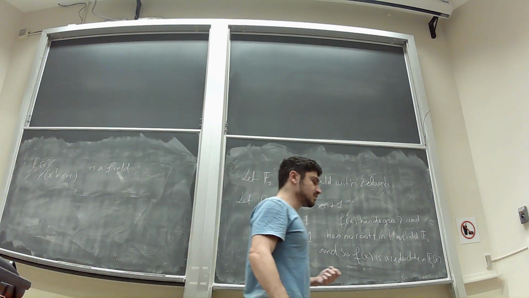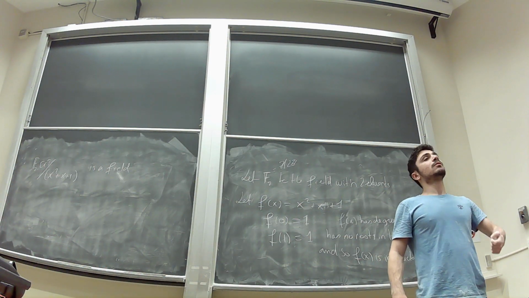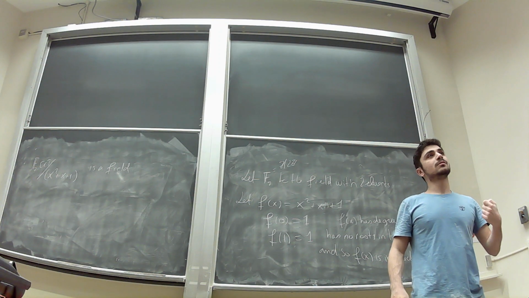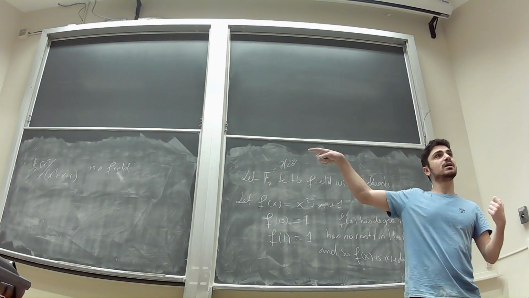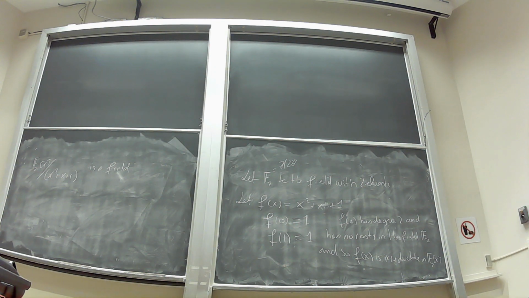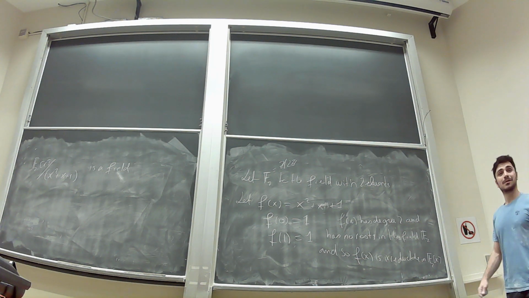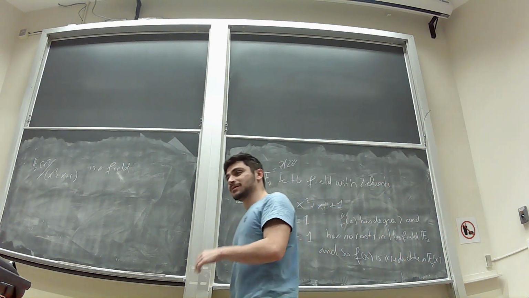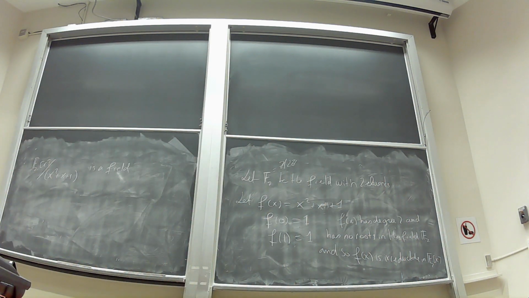Representatives of these cosets are the possible residues when you divide a polynomial in F2[x] by x squared plus x plus 1. What are these polynomials? How can you represent them? Sure, but how can you represent them?